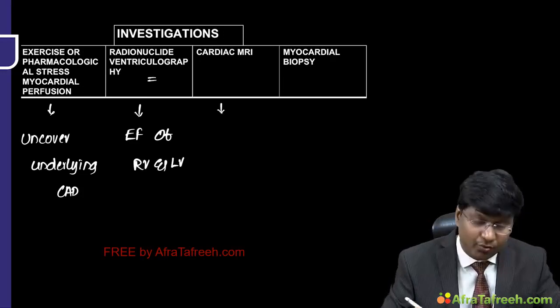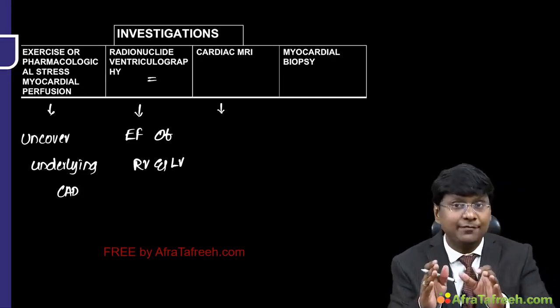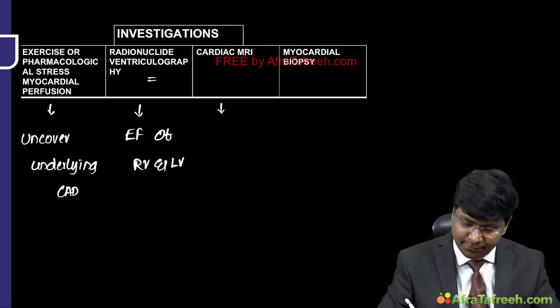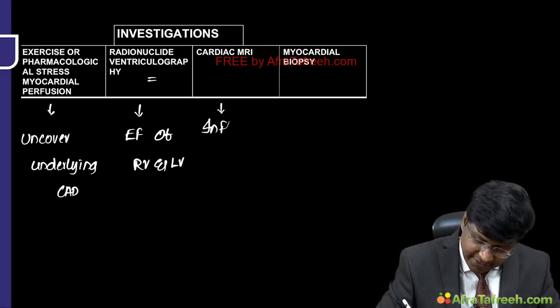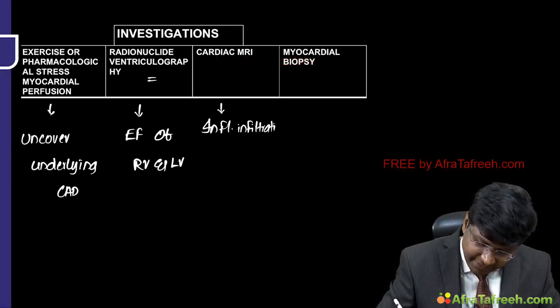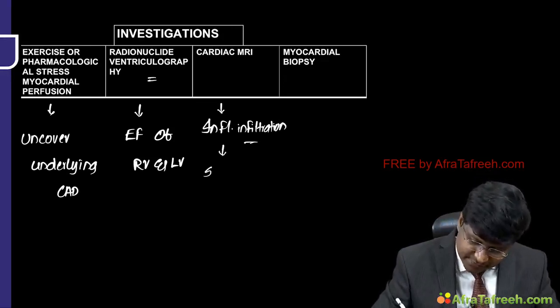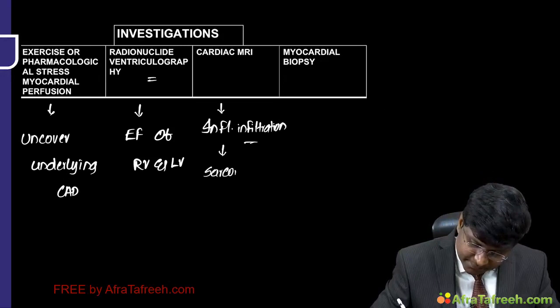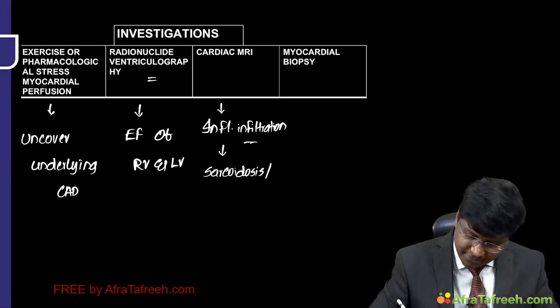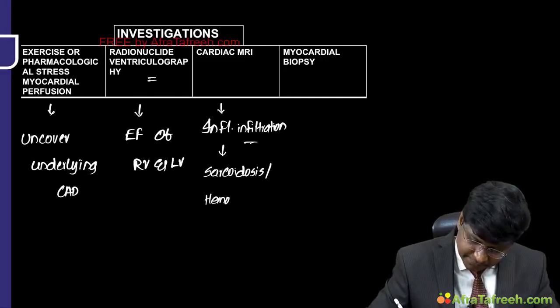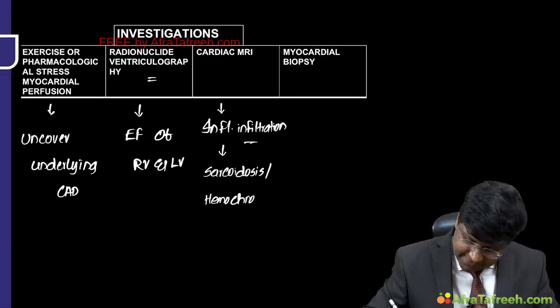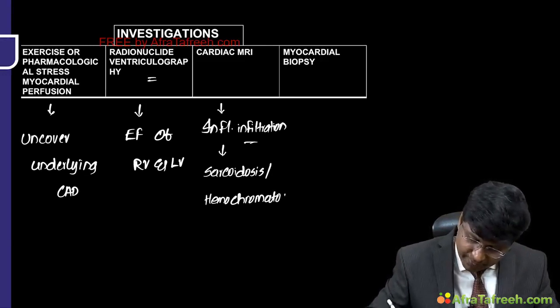So cardiac MRI, in what way is it useful? It is helpful in inflammatory infiltration processes. So inflammatory infiltrations can be checked by cardiac MRI. These inflammatory infiltrations include sarcoidosis, and hemochromatosis, right, sarcoidosis as well as hemochromatosis.